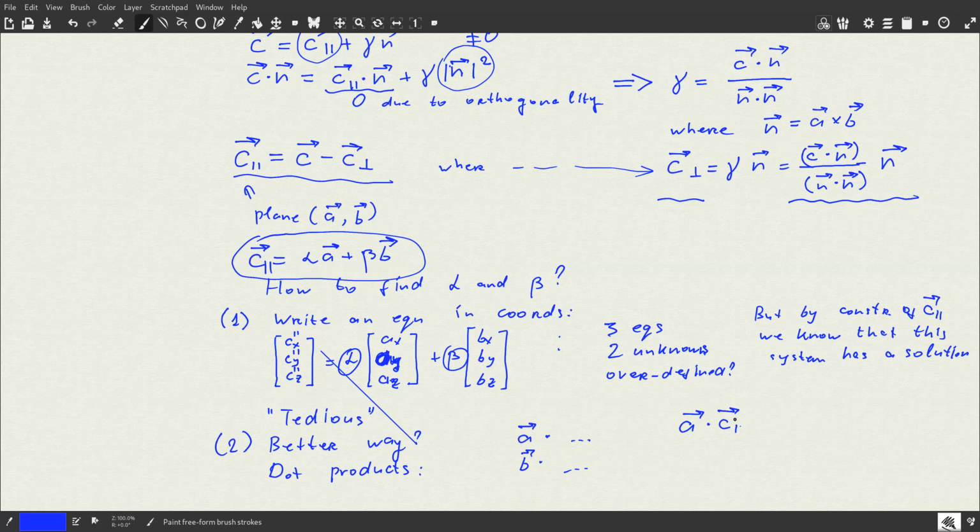We already know C parallel, so this is well defined, equals A times A alpha times AA plus beta times AB. In a similar way, B times C parallel equals alpha times same AB plus beta times BB.